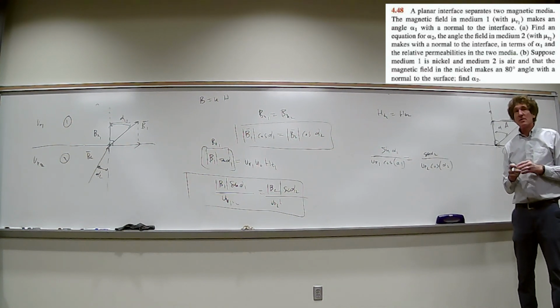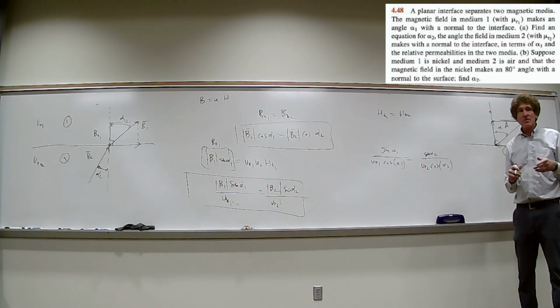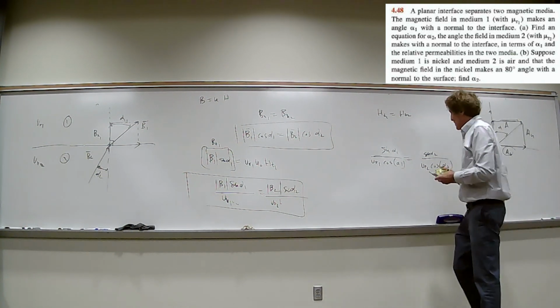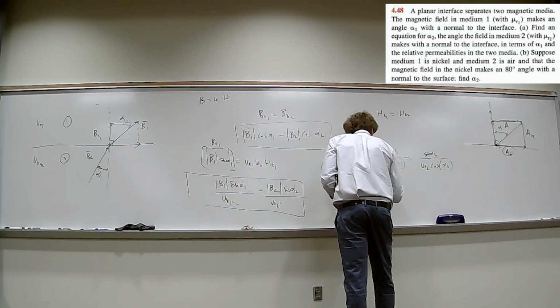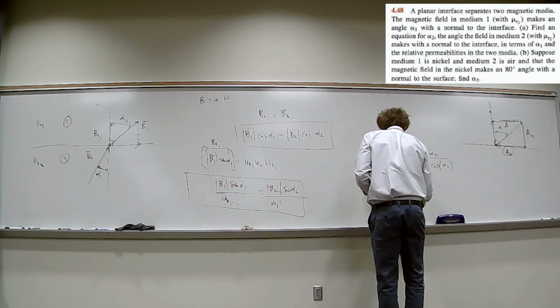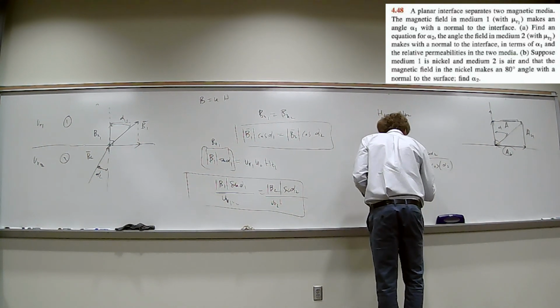Anything key up on you? Something you can make an even further simplification? What is sine over cosine? Trig. Tangent, that's right. So what I can do is just say tangent of alpha 1 over mu relative 1 is equal to tangent of alpha 2 over mu relative 2.